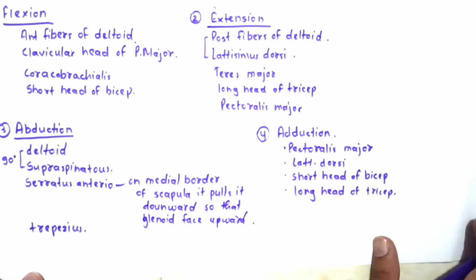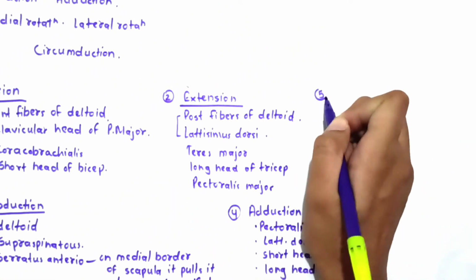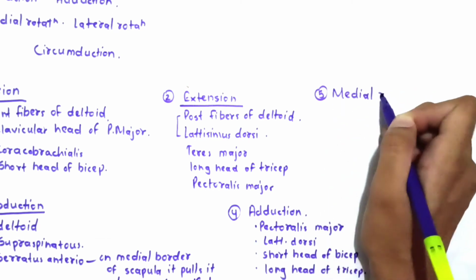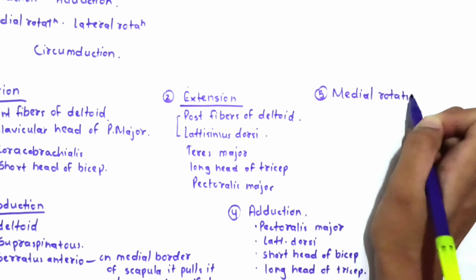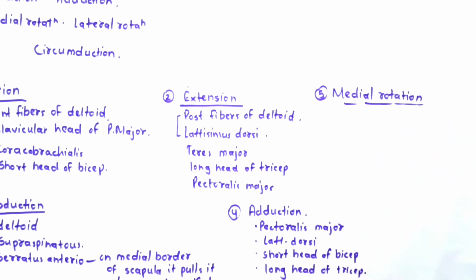Now for lateral and medial rotation. The fifth movement is medial rotation. In medial rotation also, you have to move your arm to the anterior side.